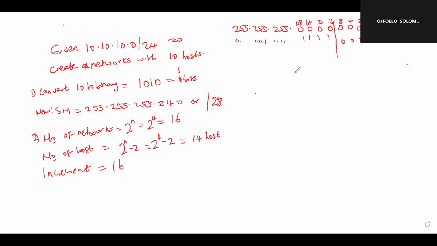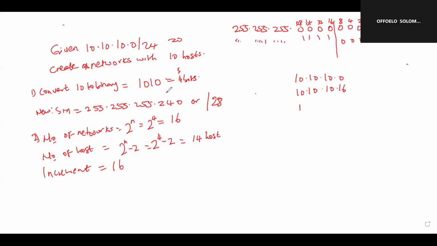Okay, we have 10.10.10.0. Give me the next one. We have 10.10.10.16. Give me the next one.